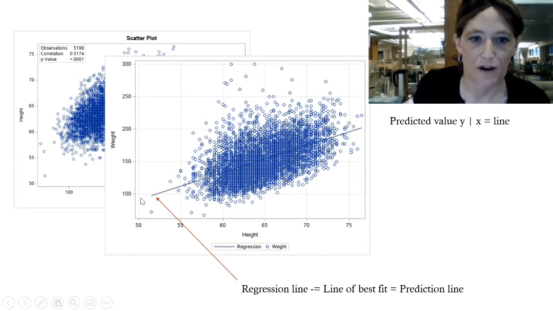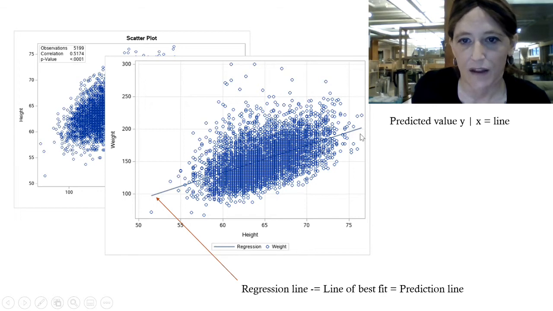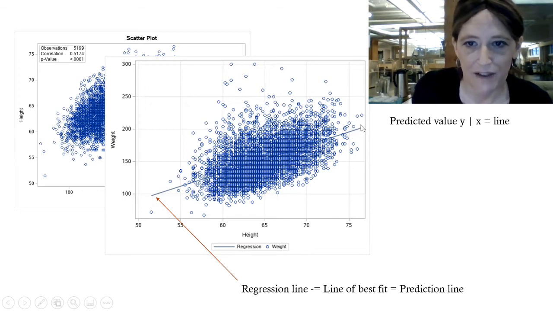That is where they would fall if they were perfectly on the line. Where they really are was down here. They were actually quite a bit lighter than that. The predicted value for someone who is the tallest would be right here.